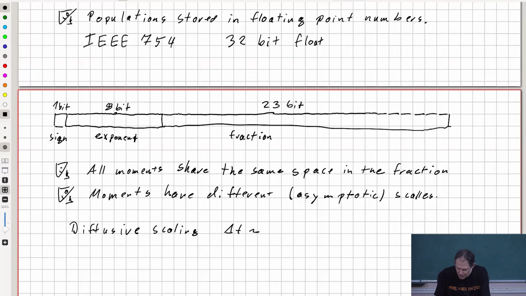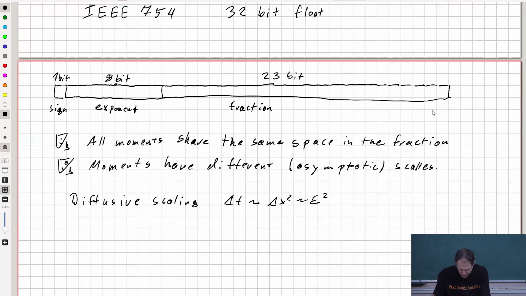saying that delta t is proportional to delta x squared is proportional to epsilon square. And then we see that, for example, in epsilon to the power of 0, we have the density. So this is the 0 part.